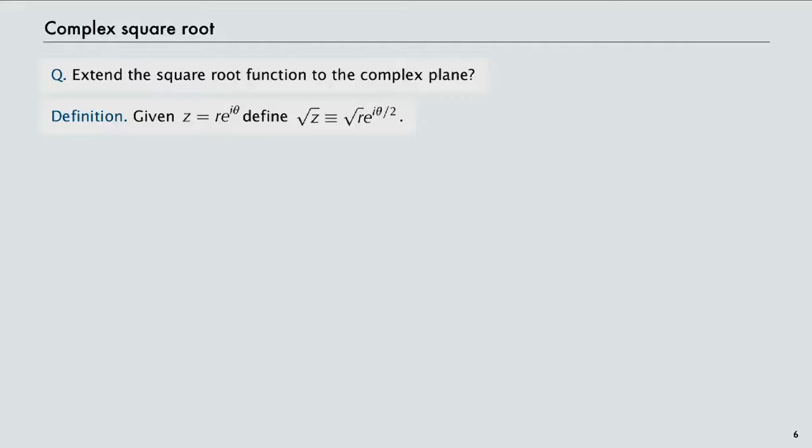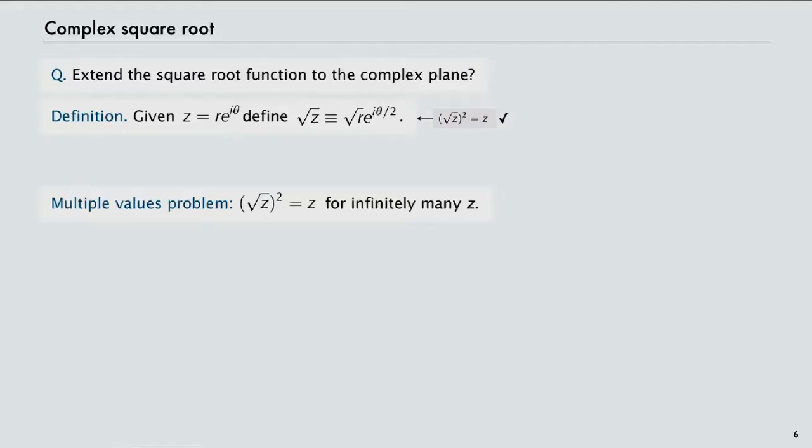And then you might as well define square root of z to be square root of r times e^(iθ/2). And that seems to make sense because if you square it, you get r times e^(iθ), you get z back. So that seems like a good definition of the square root in the complex plane.